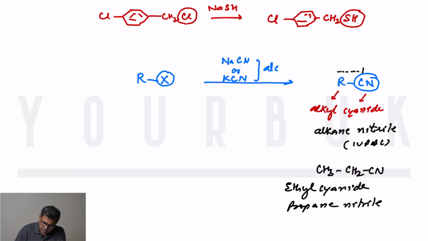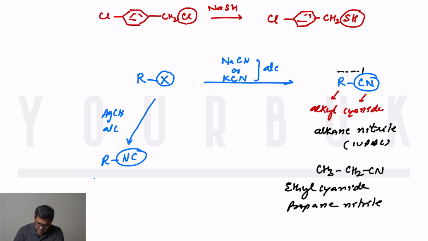Now, when we react this haloalkane with AgCN alcoholic solution again, it gives us RNC. This group is called isocyanide, carbylamine. So it has a name called alkyl carbylamine or alkyl isocyanide.